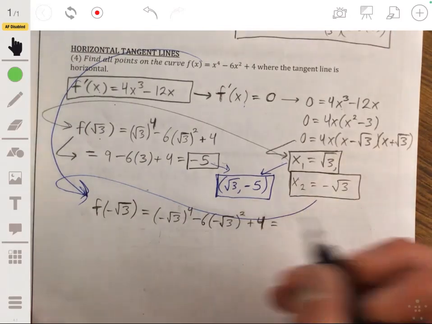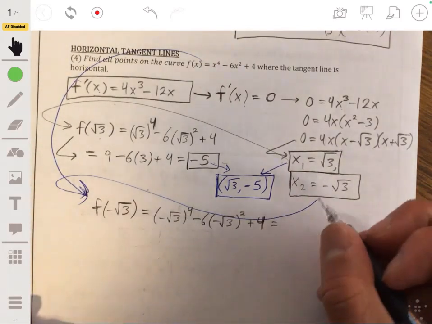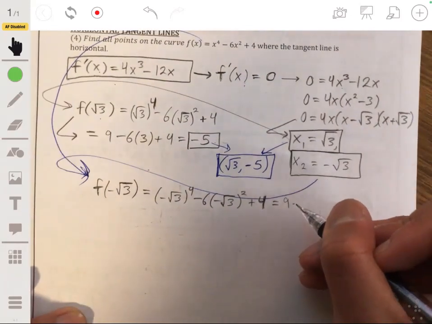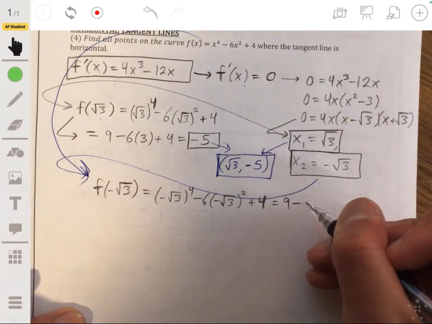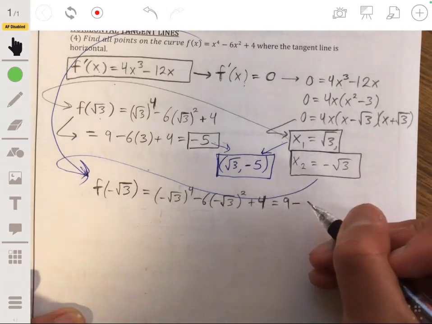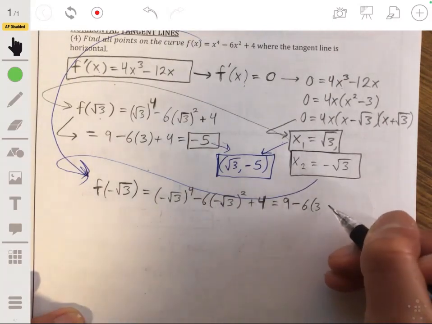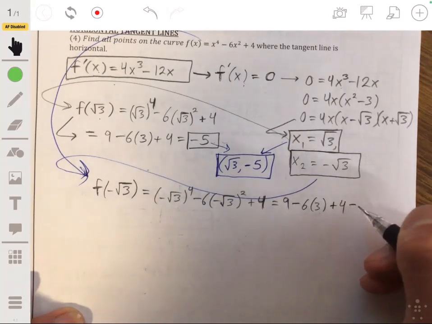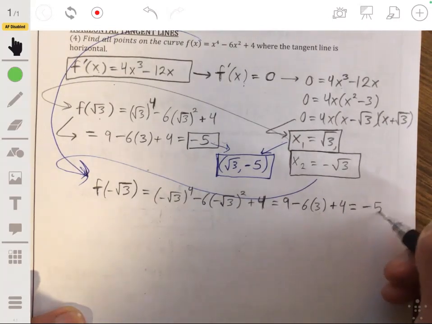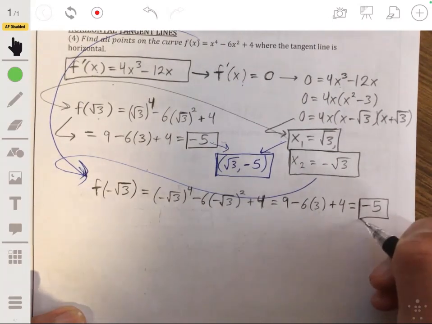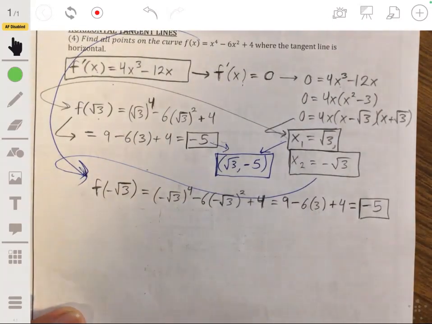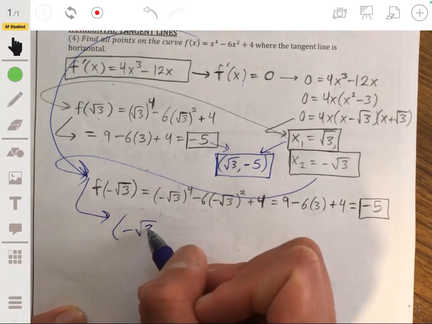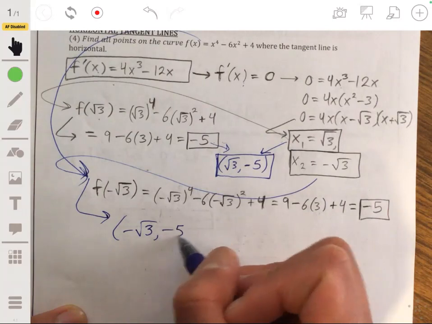This just again becomes 9, minus 6 times 3, plus 4, and yep, you're probably thinking the same y value, negative 5. So our other point is the negative square root of 3, comma negative 5.